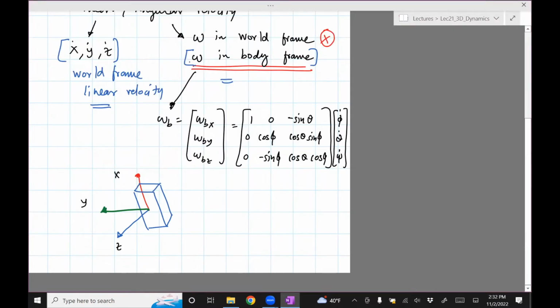The angular velocity in body frame is the angular velocity with respect to the axes, which are always fixed to the body and move with the body. So the x-axis here will always be pointing in that direction, in the direction I've shown. And as the body rotates, the x-axis will rotate with the body. So the angular velocity in body frame is going to be omega bx, omega by, omega bz.